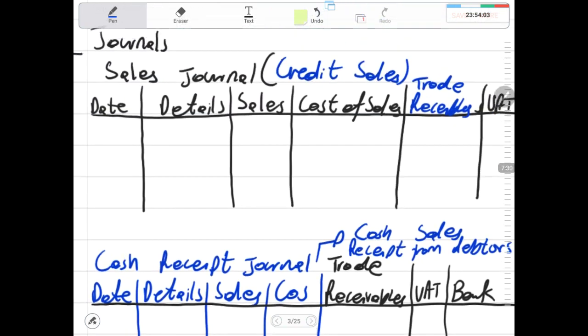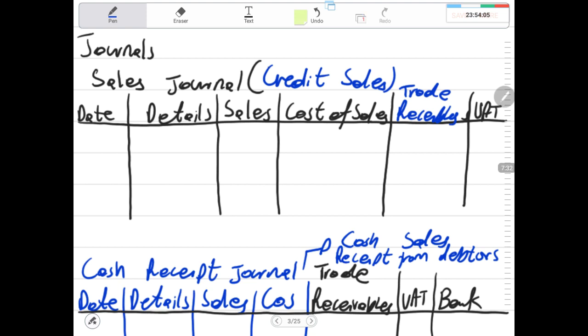So now, how do we begin recording first? Remember, I said these are the journals, and we have what is called the sales journal, where we are recording everything that is sold on credit. That means whenever we sell inventory, we'll write the date, 1st April 2005, and we say we sold inventory to a customer.